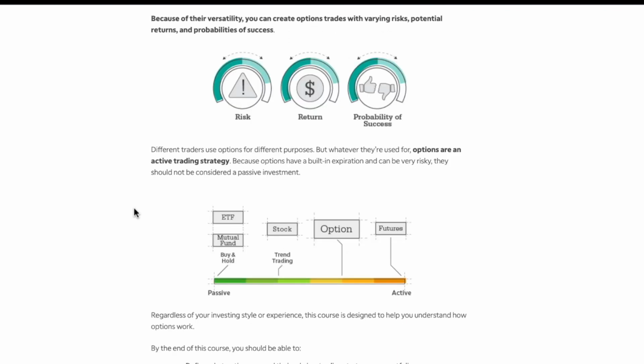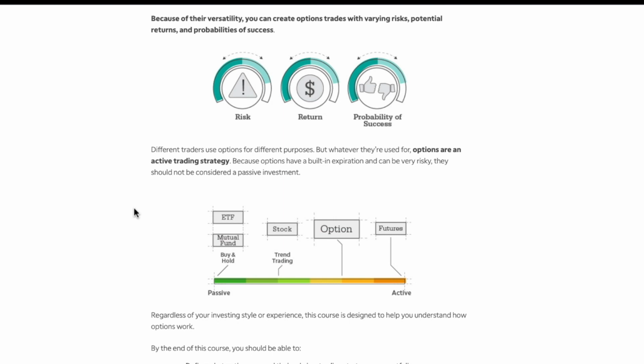Different traders use options for different purposes, but whatever they're used for, options are an active trading strategy. Because options have a built-in expiration and can be very risky, they should not be considered a passive investment. Active trading means you have to actively make moves. You can't just buy it and then hold it forever because they have an expiration date.